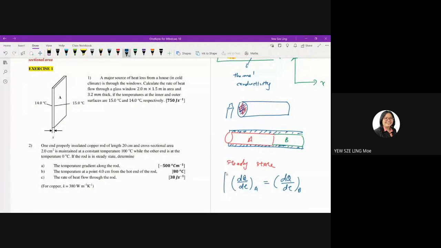This is what happens at steady state. Sometimes, if you go through the questions in exercise 1, some of them don't mention steady state. But in your syllabus, we assume they are in steady state. So even though the question doesn't mention it, if you are given a joined rod case with an insulator wrapped around them, then we assume it is in steady state.